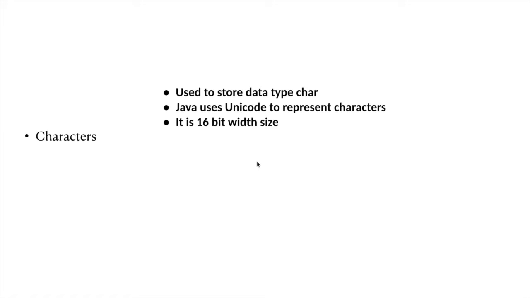So there are no negative numbers in characters, so we can represent 65,000 characters with the character data type, and as of now it can handle all of the languages, letters in the world. So we will see later on how we can manipulate characters. So a character ranges from 0 to 65,000, and each number has its own specific character assigned to it.